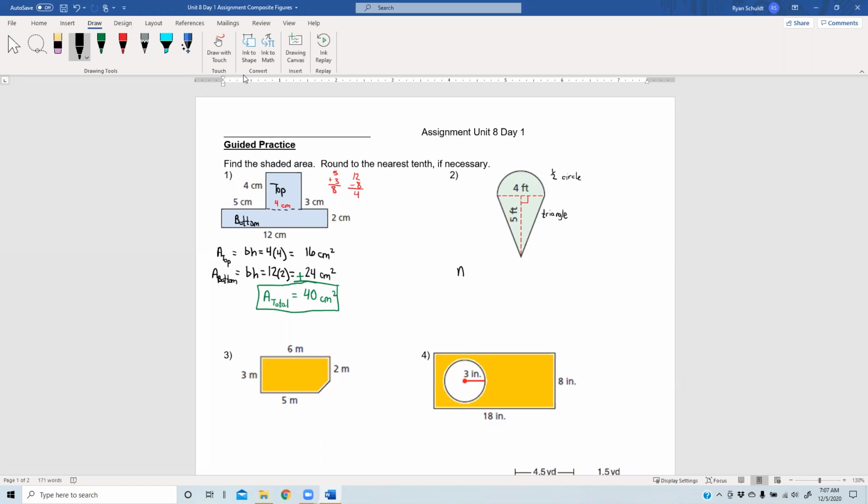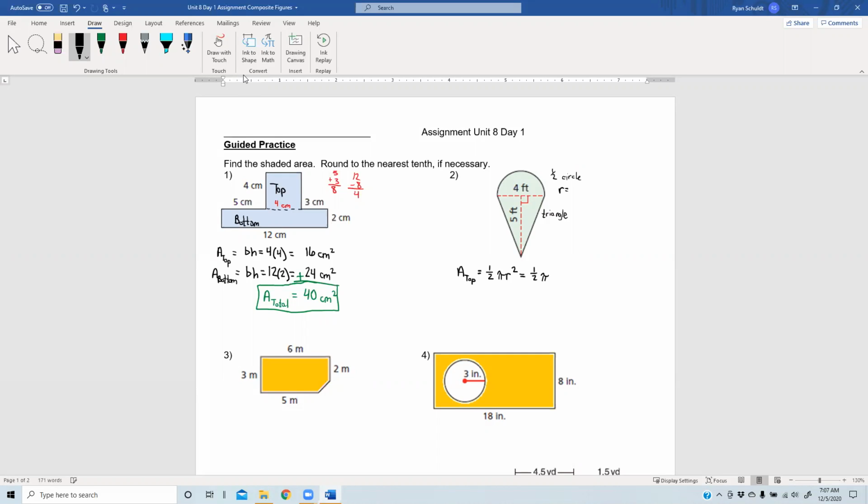So the area of the top, we only want half a circle. So 1/2 pi r squared. That's going to be 1/2 pi. And then I need to figure out my radius. This 4 is my diameter.